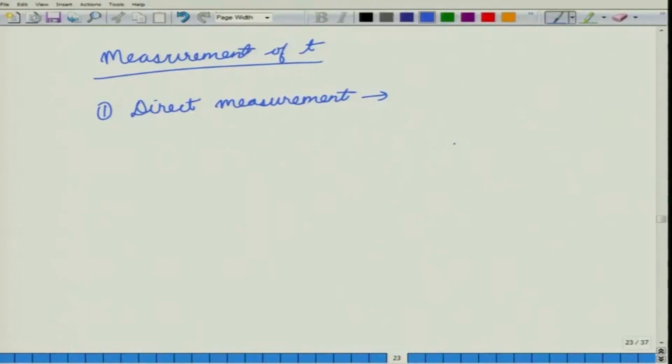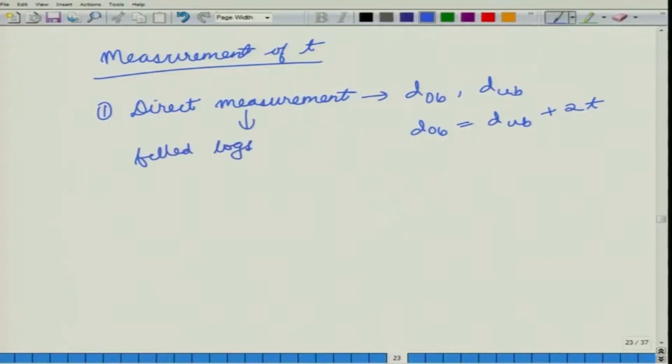In the case of stumps or felled logs, we can measure the over bark diameter, we can measure the under bark diameter, and then we can get the thickness using the relation diameter over bark is equal to diameter under bark plus twice T. But this can be used for felled logs or stumps.